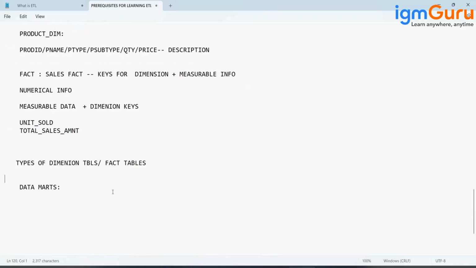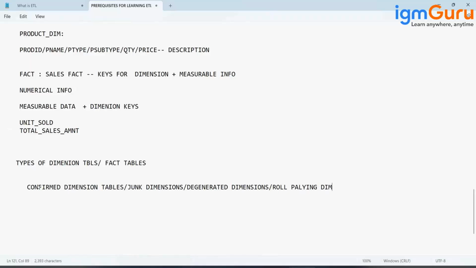In terms of types of dimension tables, there are conformed dimensions, junk dimensions, degenerate dimensions, and role-playing dimensions.